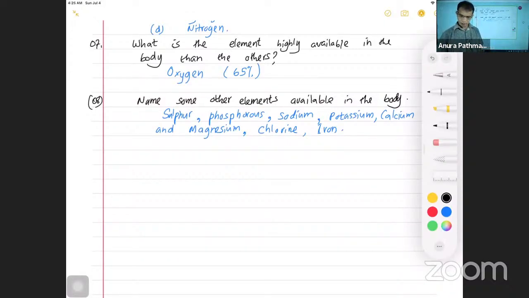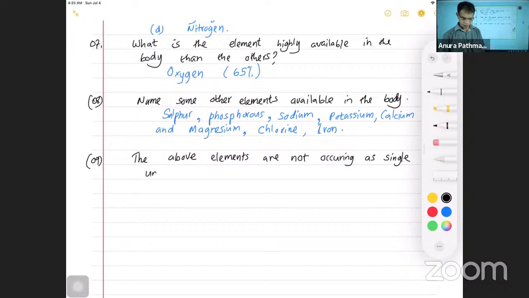Now, as I told you, the elements will not be available as isolated units, and they will be combined to make chemical compounds. The above elements are not occurring as single units.